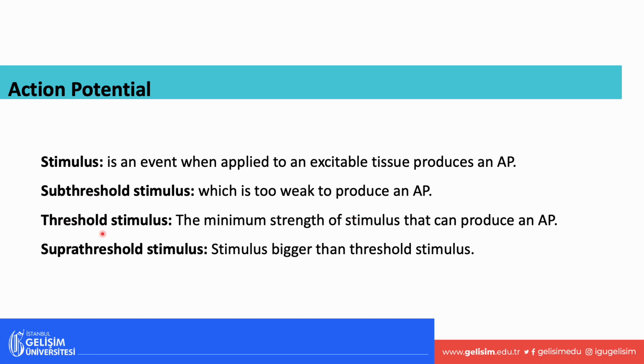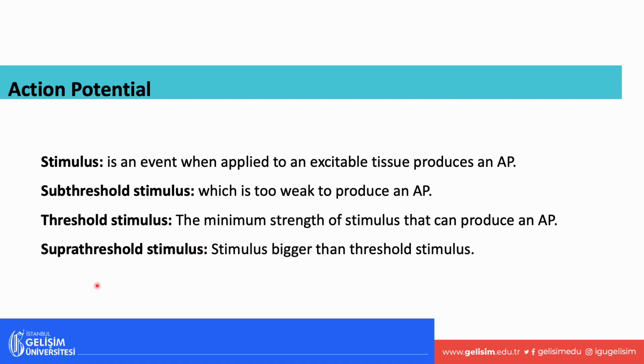Then there's a threshold stimulus. Okay, and the threshold stimulus, this would be the minimum amount of strength, the minimum amount of power. Right? Think of it that way. The minimum amount of energy that's needed to produce an action potential. Right? It's a minimum amount of stimulus that's needed to trigger an action potential.